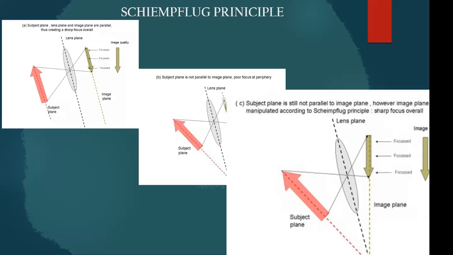Basically the lens is tilted so that the object and the image are much more in focus. This is very important. You should also know how to draw this because they ask this in theory also, and the diagrams are important.